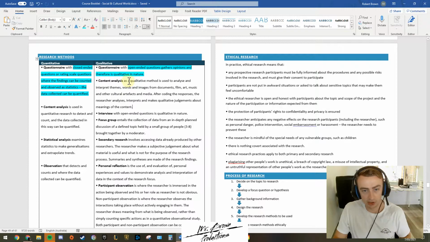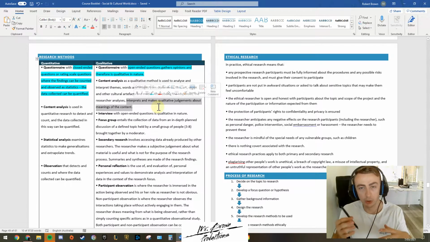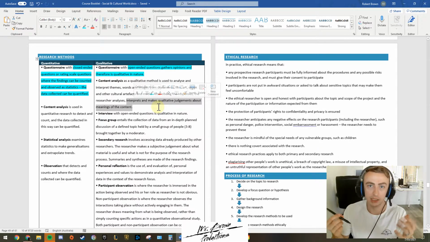But that other side of content analysis is analysing it to interpret themes, words and images from documents like the newspaper, film, art, music, the media. After you've analysed it, you as the researcher will interpret it and then make a qualitative judgment about the meaning of that content.